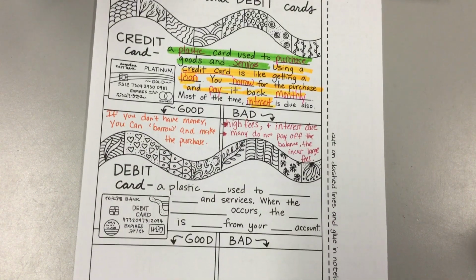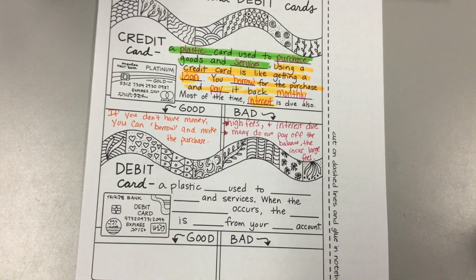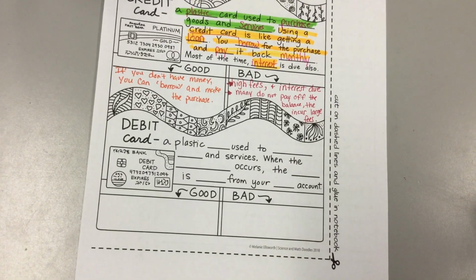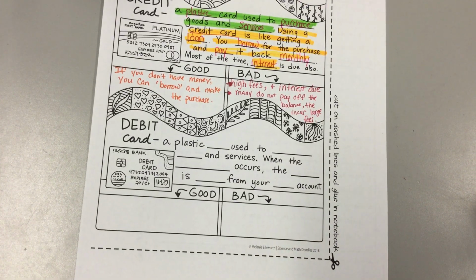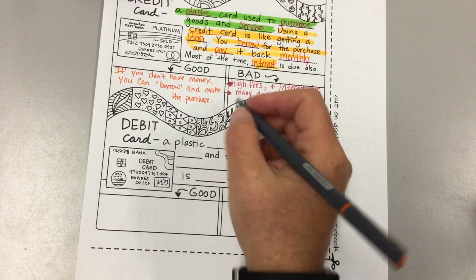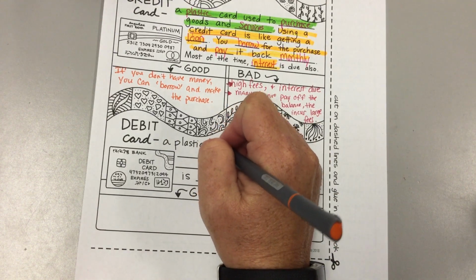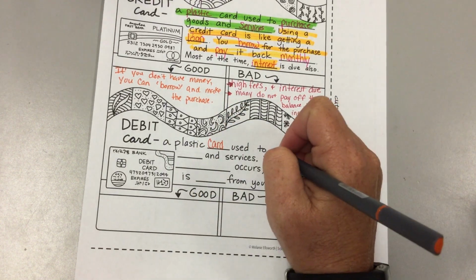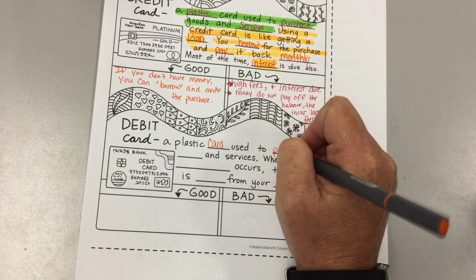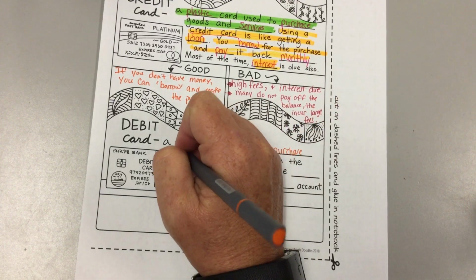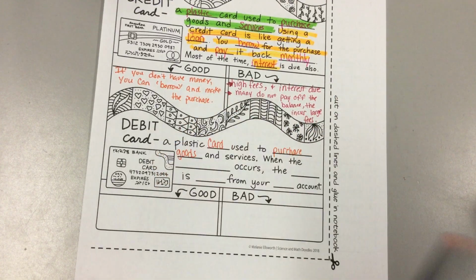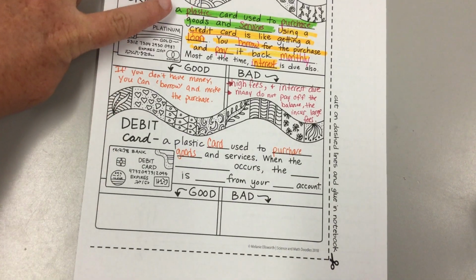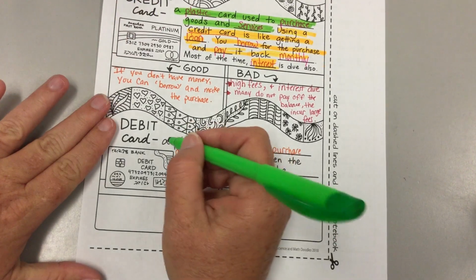A debit card, move this down just a little bit, there we go. A debit card is a plastic card used to purchase goods and services. Isn't that a lot like this one up here? Yeah, that's why I highlighted it green.